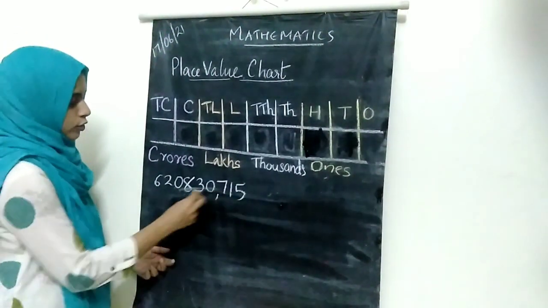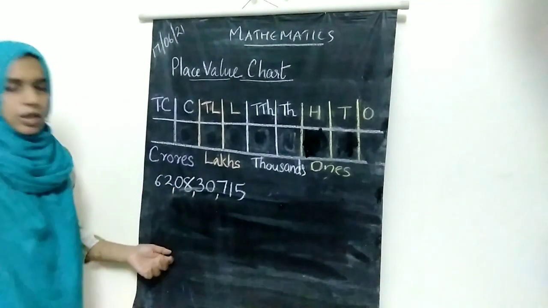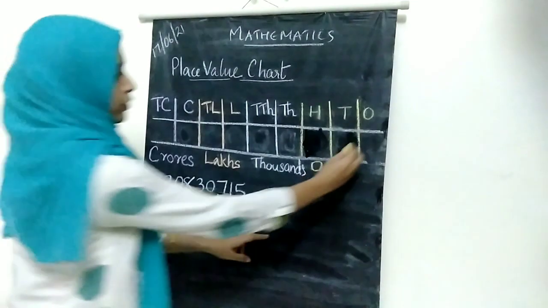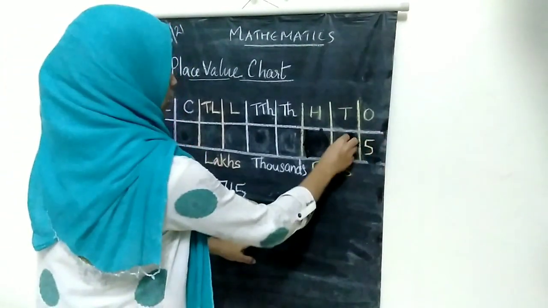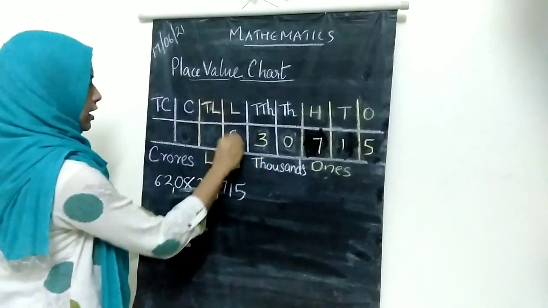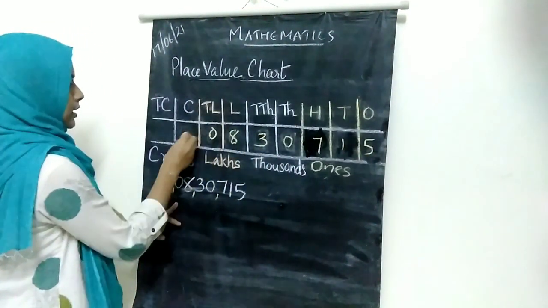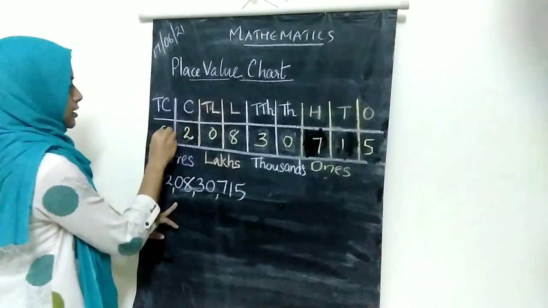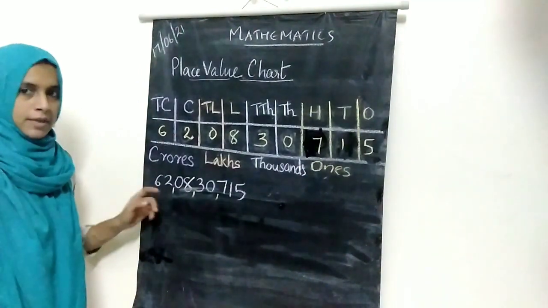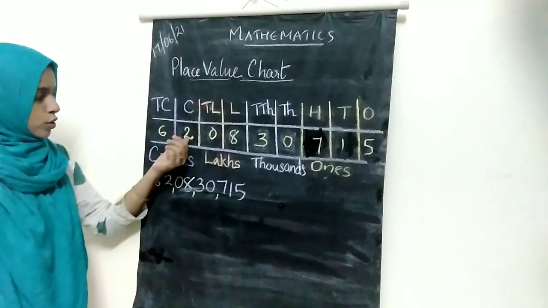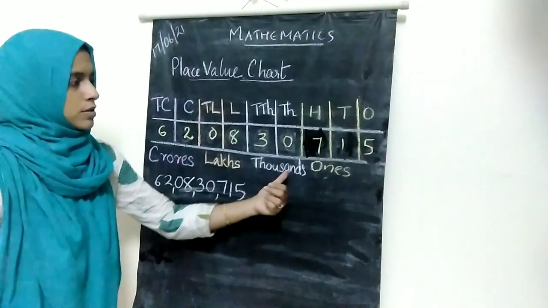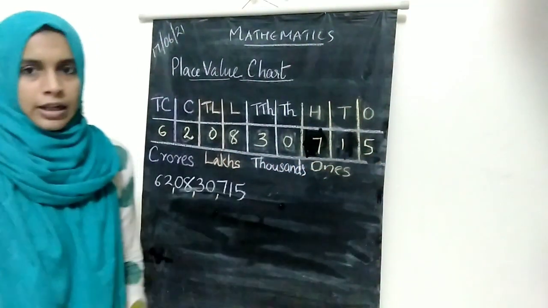Okay. Now, we will do the second question. Here, we put comma 3, 2, 2. Same way we can write the place value chart. First 5, 1, 7, 0, 3, 8, 0, then 2 and 6. Now, we'll write the number name, that is 62 crore 8 lakh 30,715.